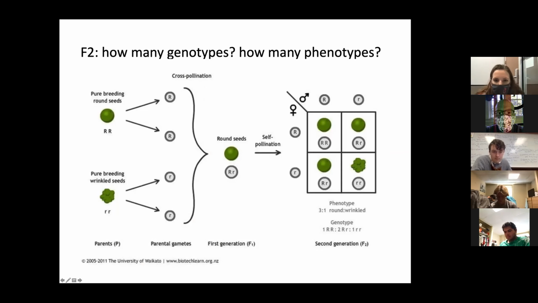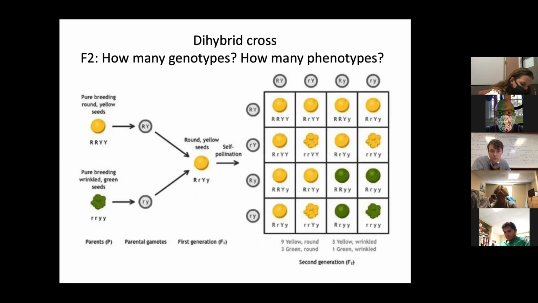Let's see what I had here. We kind of talked about this already, about how many different genotypes, how many different phenotypes, but let me ask you guys about this for the dihybrid cross again. In the resulting square here on the right, how many different phenotypes do you see, considering the 2 traits? 4. Yeah, good.